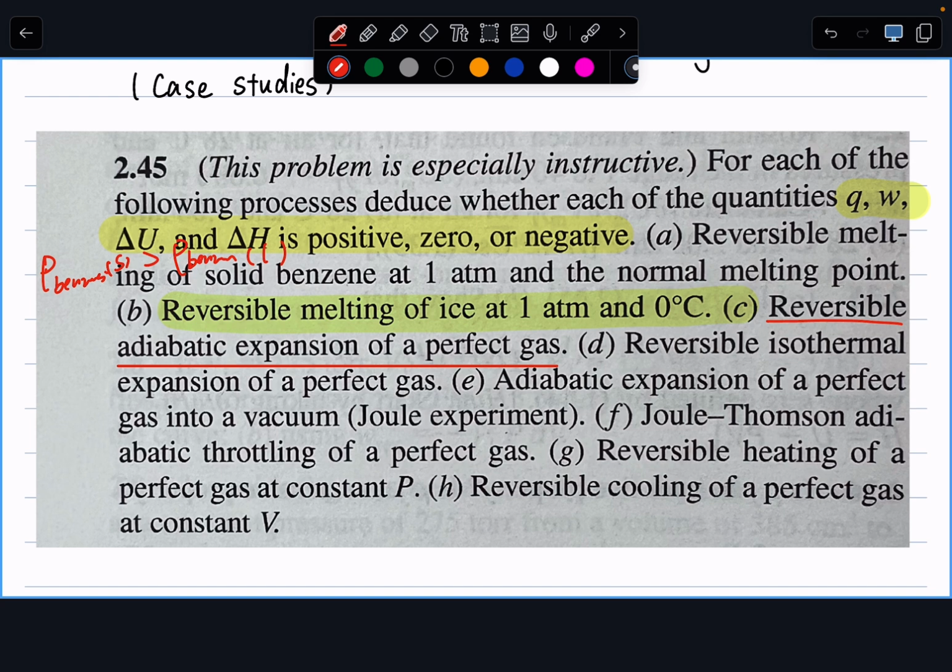Adiabatic, we have dQ equals 0, Q equals 0. And expansion tells us V final is larger than V initial. Perfect gas, we have PV equals nRT, U is only a function of T, etc. So several things, right? We're looking at Q, so this one is already solved. We know that Q equals 0.